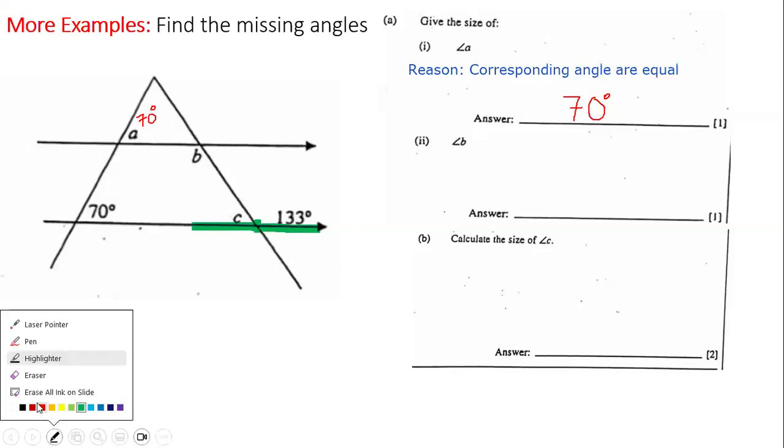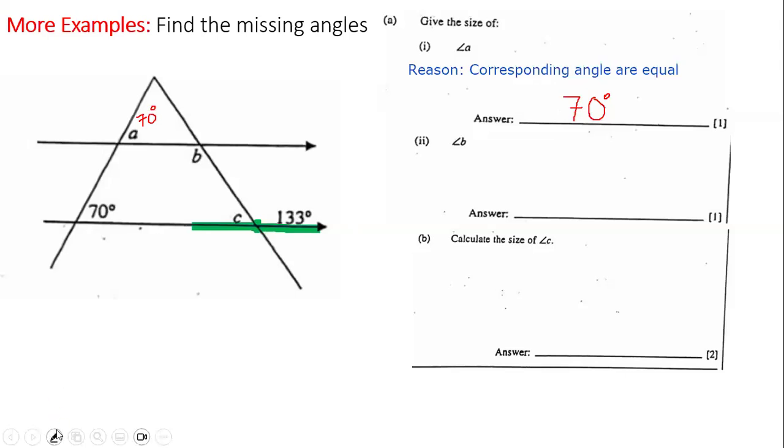So 180 minus 133 gives 47 degrees. Y'all see 47? Why are we using 180? Because angles on a straight line at a common point add up to 180. Very good.